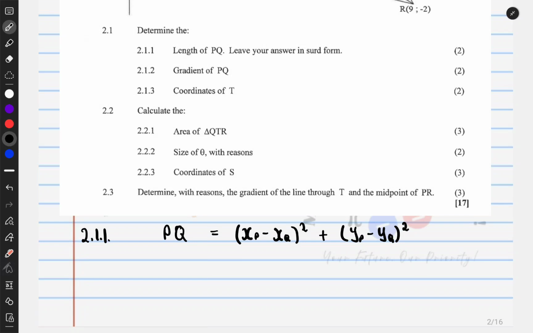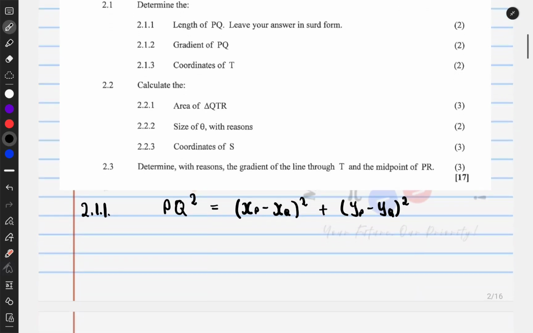Or let's just also square PQ here. I wanted to write the square root, but it's going to be a little bit longer. Okay, and then let's go ahead and plug in our values, since we have everything.